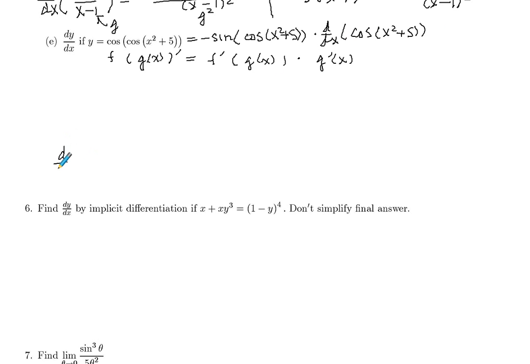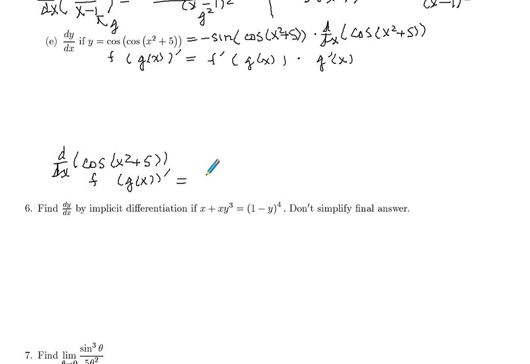So the derivative with respect to x of cosine of x squared plus 5, well, this is a composition. We've got an f, plug in g of x. It's not multiplication, but it's an f of g of x, and we're doing the prime.